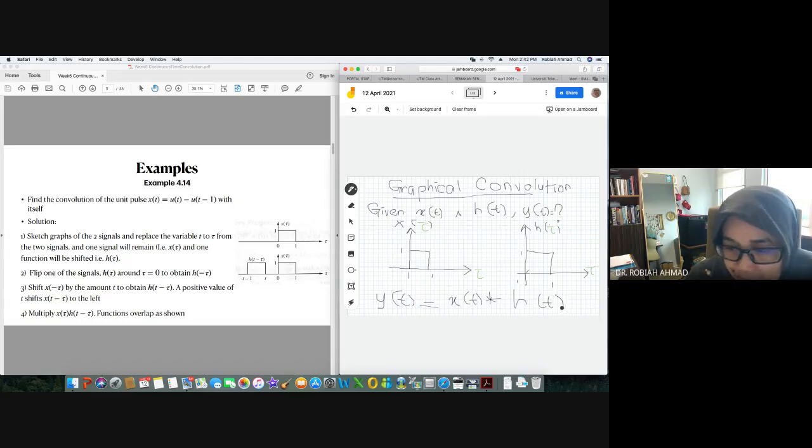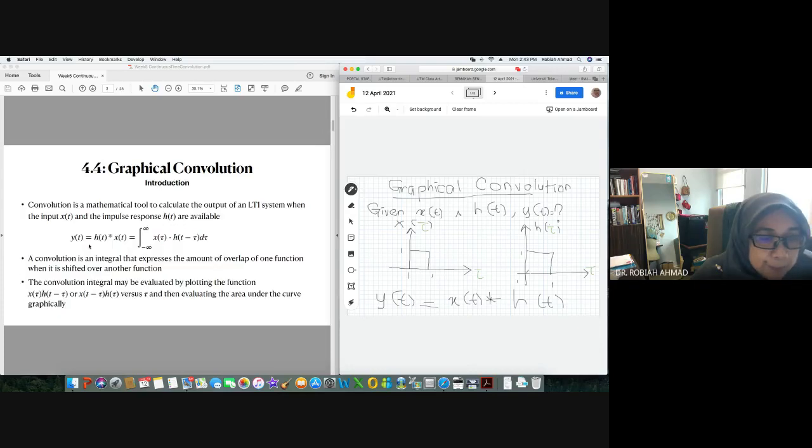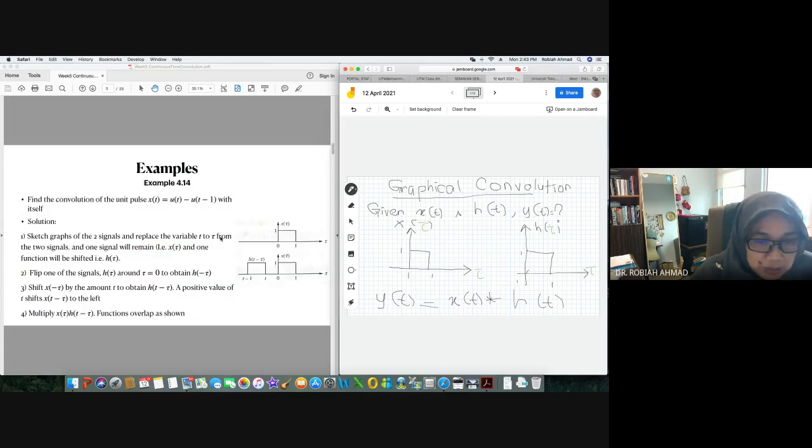This is what we want to calculate, the convolution. As we defined earlier, we can determine this using the integral, the convolution formulation, given as this equation, where one of the two signals has to undergo flipping and shifting procedures. This is what I want to show.